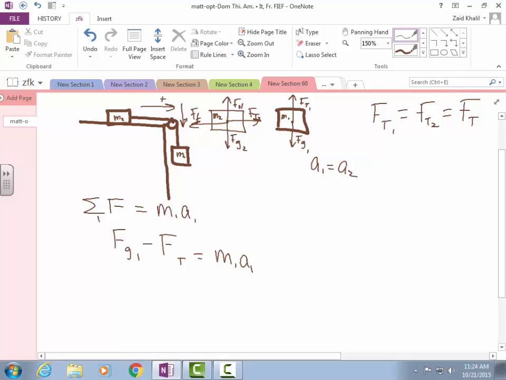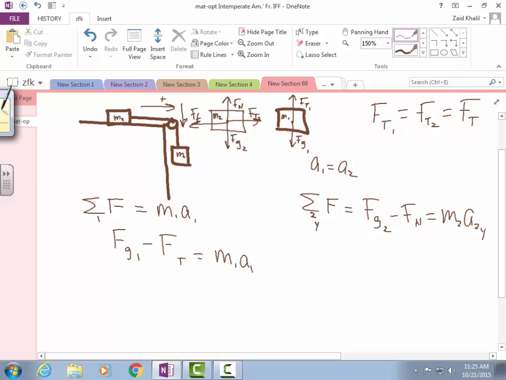We have two sets of Newton's laws, one for the y direction, one for the x direction. In the y direction, what do we have? So net force on body 2 in the y direction is going to be Fg2 minus Fn, and that's equal to m2a2y.